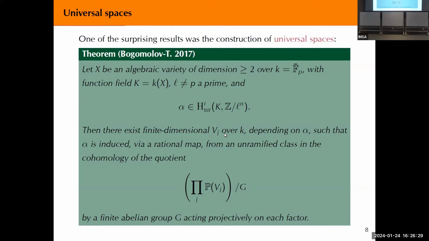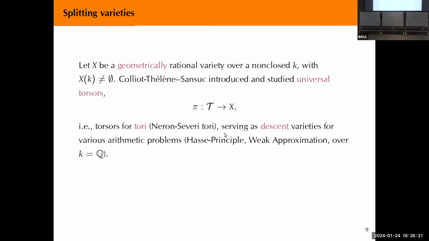These are some theorems that we proved. Now, let's talk about non-closed ground fields. Again, we're interested in rational varieties. So let's consider geometrically rational varieties. We don't know that it's rational over the ground field. Let's assume we have a rational form.